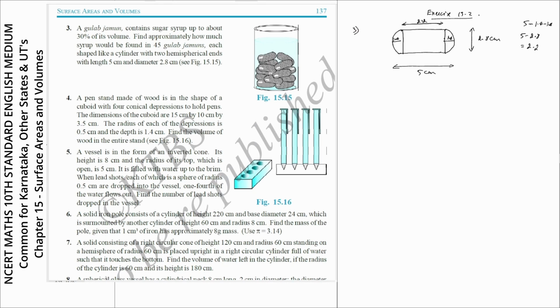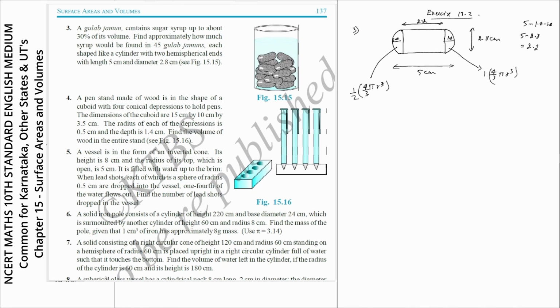Okay, now what is the volume of this hemisphere? So volume of sphere is given by 4 by 3 pi r cube. Okay, half of that will be volume of hemisphere. Now what is the volume of this other hemisphere? So here also volume of sphere is given by 4 by 3 pi r cube.